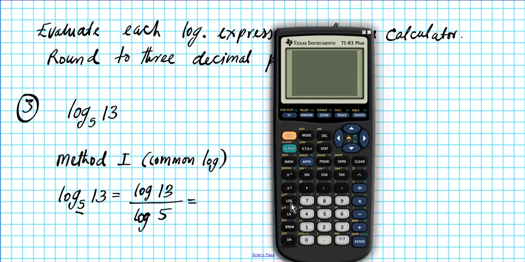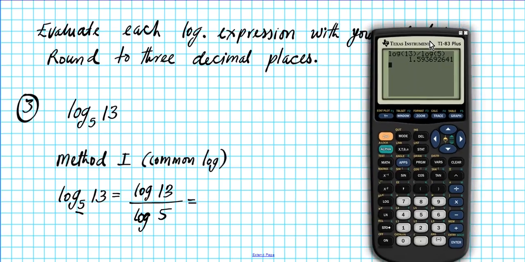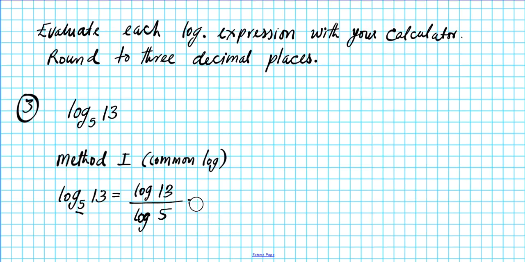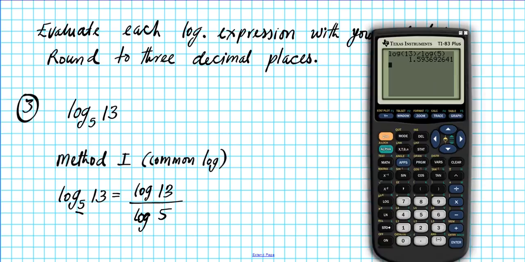So we're just simply going to enter it into our calculators. Log 13 divided by log 5. And then that's our answer. Now if we want to round it to 3 decimal places, this is an approximation, so let me indicate that appropriately.